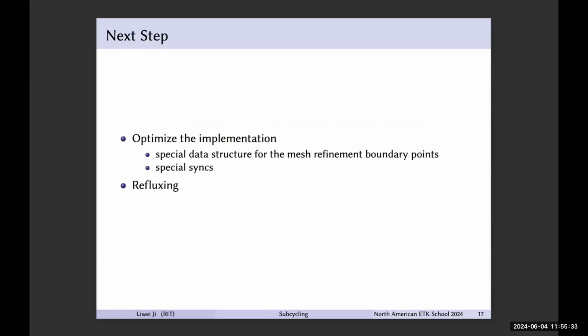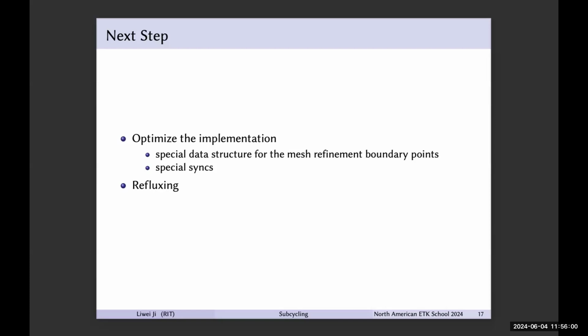All right. So what we want to do next is again optimize the implementation of subcycling in CarpetX. We want to use a special data structure for the points, basically those points required to fill in the final application.